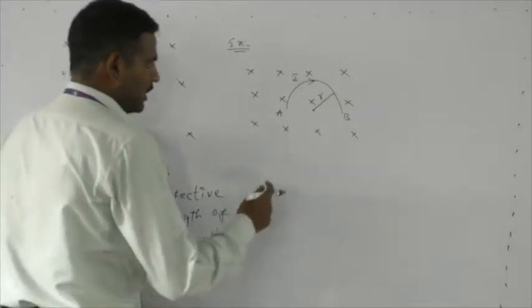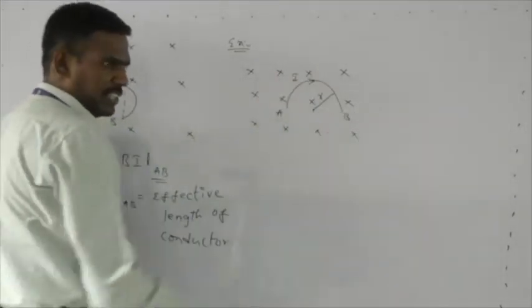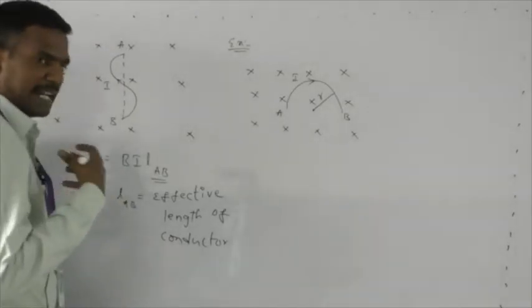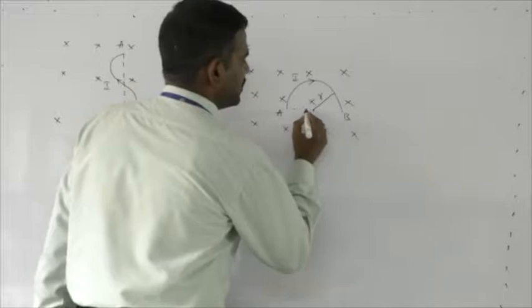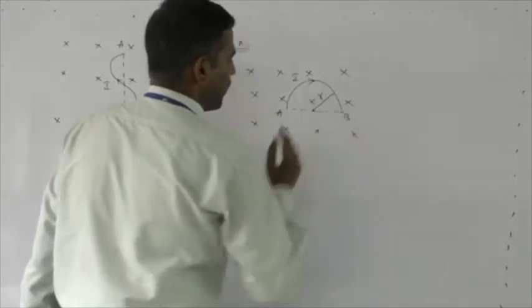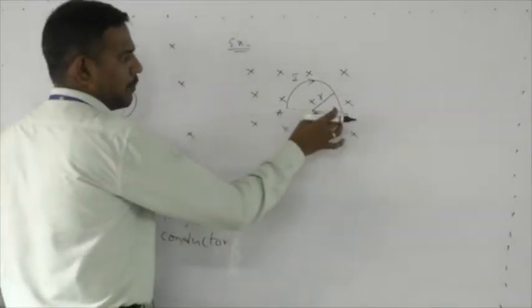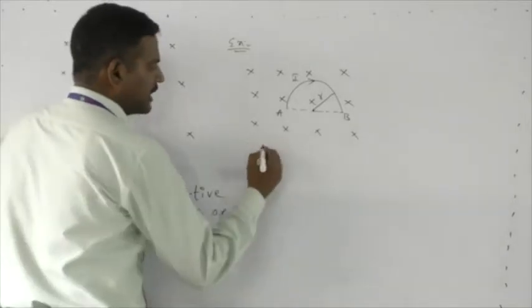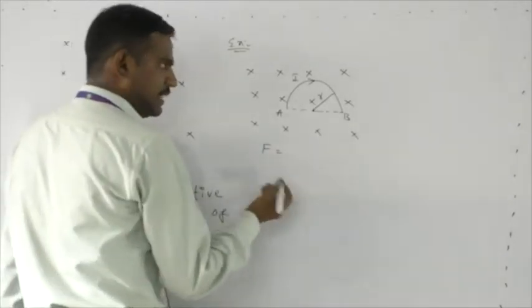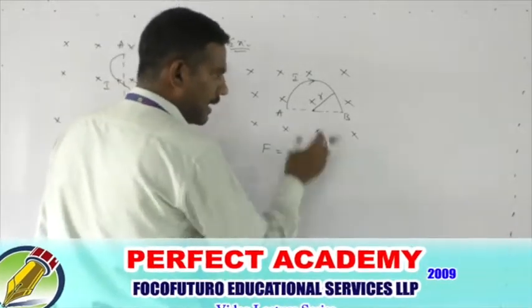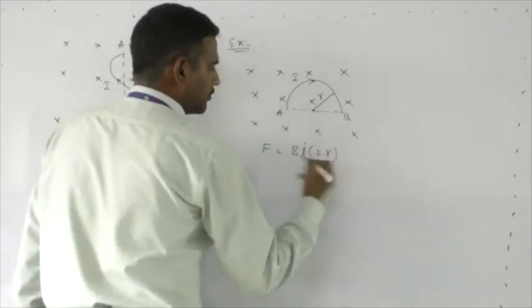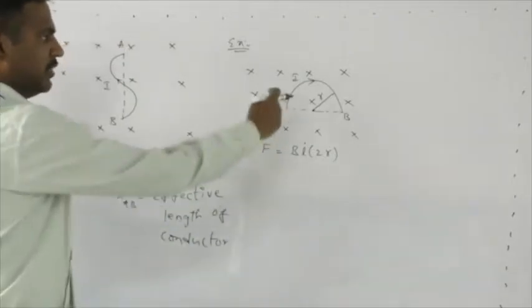As I told you, if the conductor is irregular in shape, we have to calculate its effective length, the length of the straight line joining the initial to the final point, which is double the radius. Therefore the force is BI into 2r.